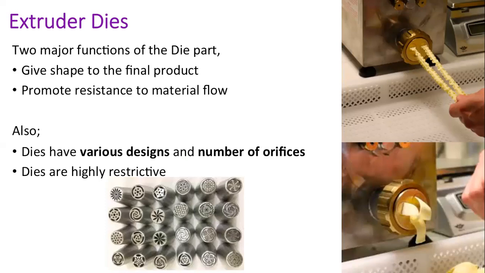So suppose you are going to design an extruder die. You have extruder, a small extruder you have developed in your home, right? So you are going to prepare a die, right? As an example for these days, you know, the string hoppers, we have very good market for string hoppers.